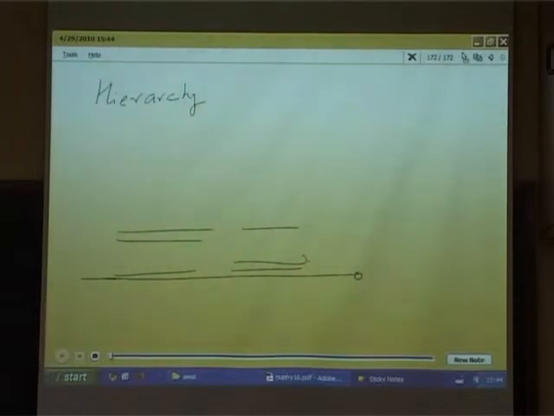These are called hierarchical masses. So this is strictly speaking called normal hierarchy. Hierarchical normal ordering is normal hierarchy. Hierarchical inverted ordering is also called inverted hierarchy.